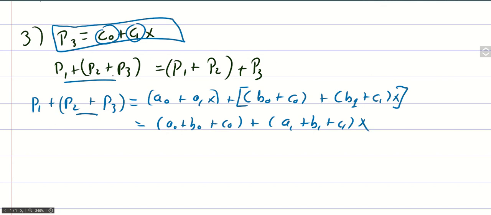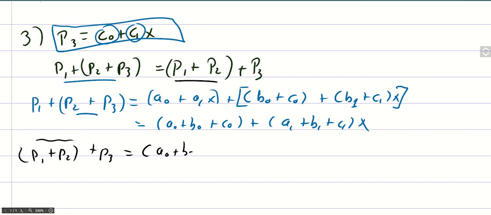Now let's see what happens with the right hand side of this expression. So here we've got p1 plus p2 grouped, plus p3. So the first polynomial will be (a0 + b0) + (a1 + b1)x and plus here c0 + c1x.